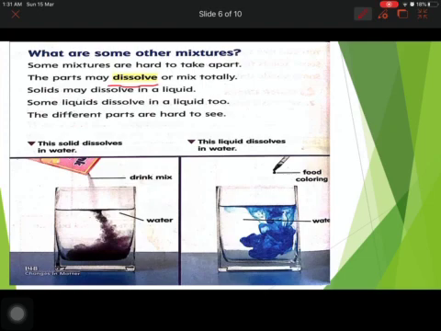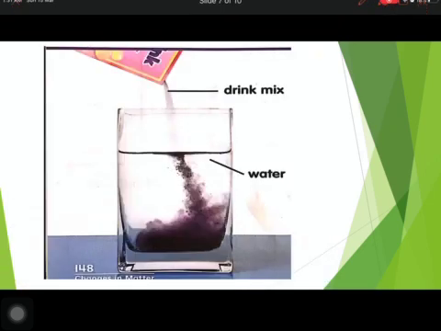All right? So the parts may dissolve or mix totally. Solids may dissolve in a liquid, and some liquids dissolve in a liquid too. So the different parts are hard to see.